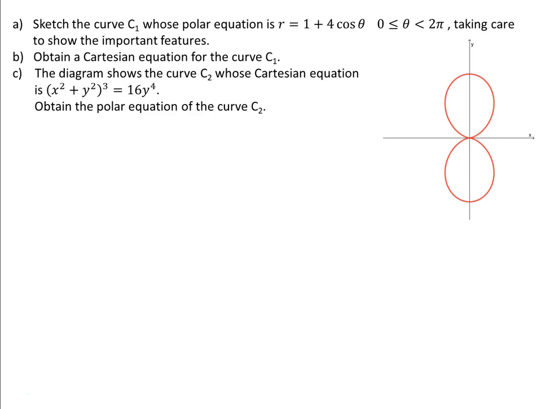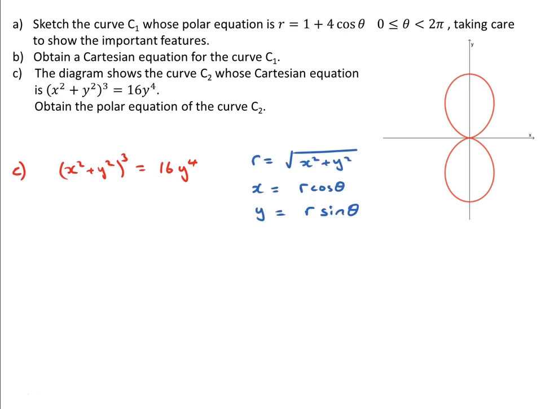The third part of this question shows us the curve C2, whose Cartesian equation is x squared plus y squared all cubed is equal to 16y to the 4. And we're asked to obtain the polar equation of C2. So there's the Cartesian equation, and again we've got the three things that we can use.